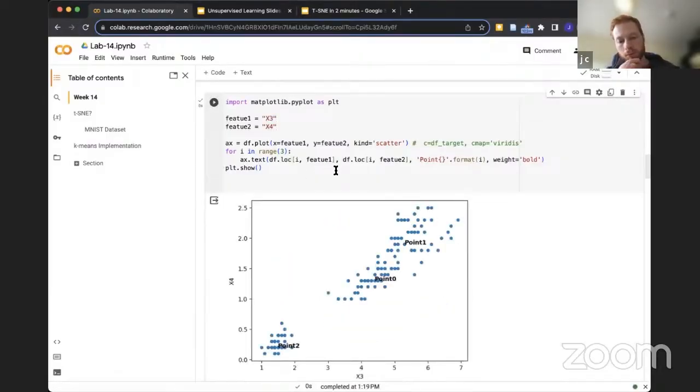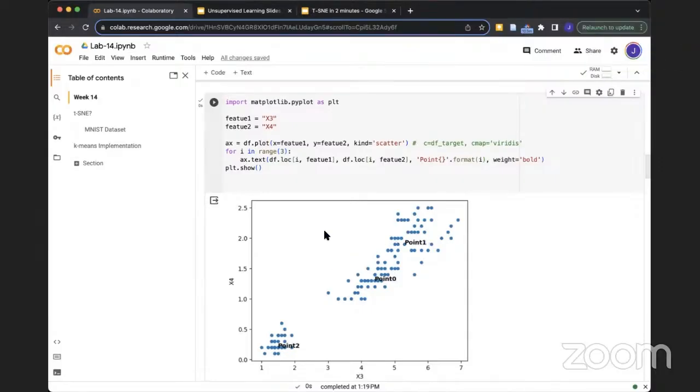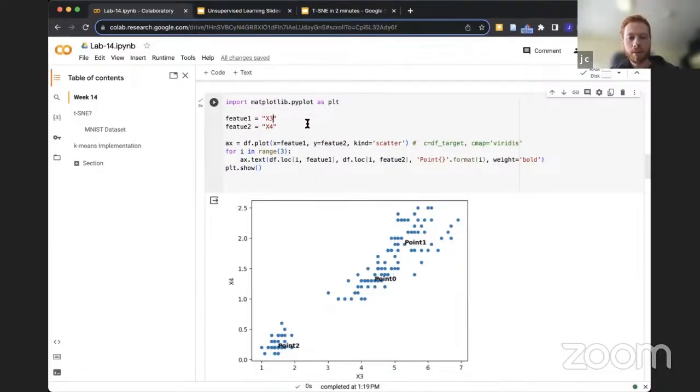Do you notice something about the distance between the points? Yes, it changed. Point 1 and point 0 are now closer to each other.